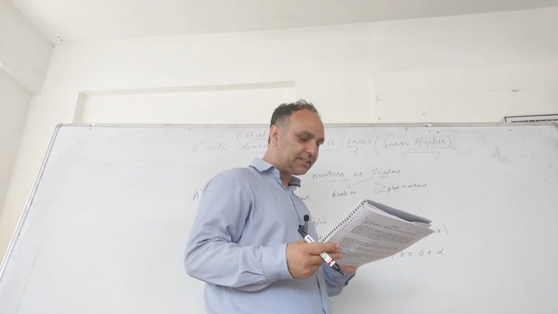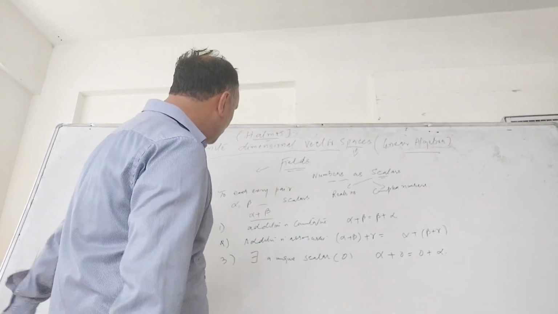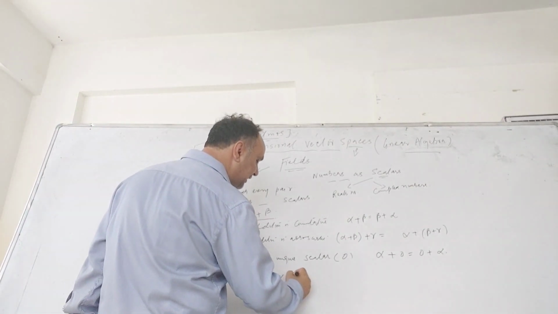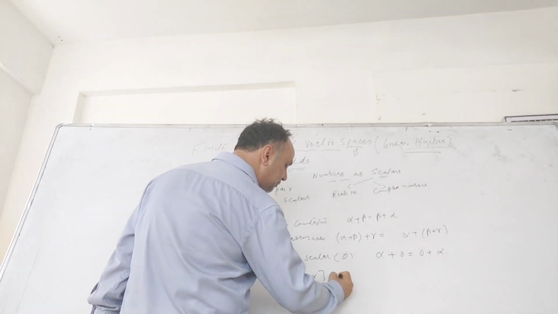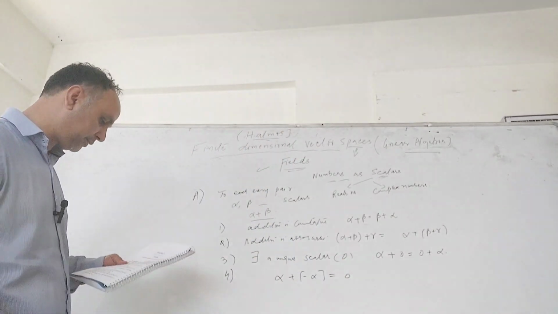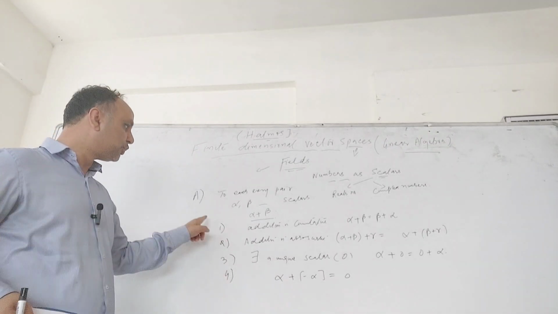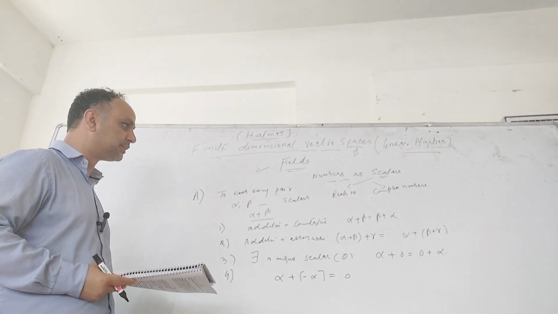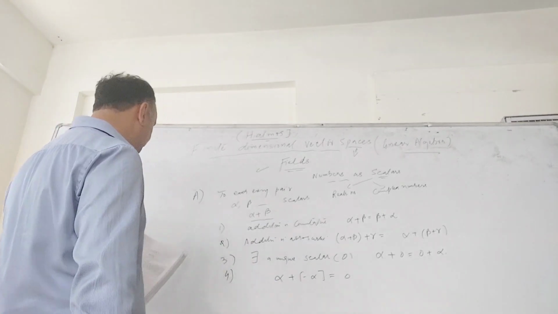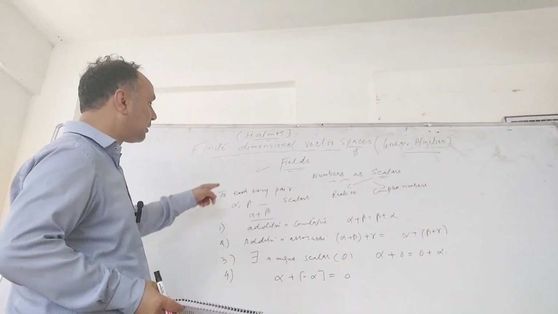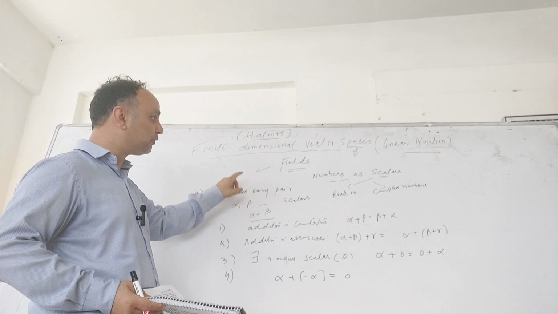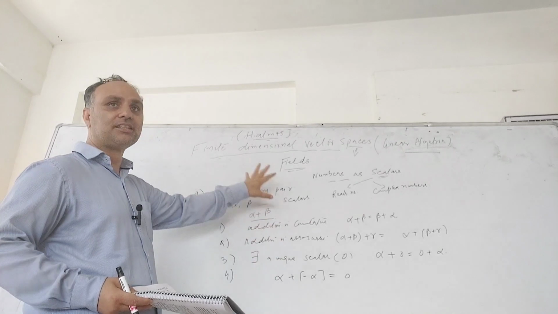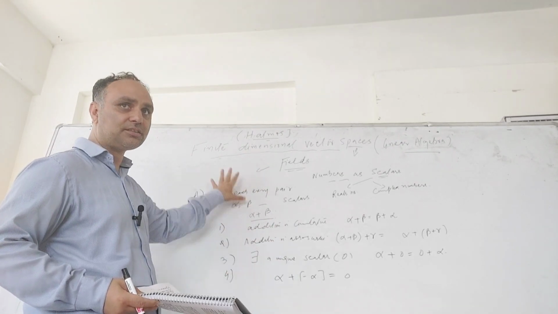We should also be able to find another scalar such that alpha plus it equals 0. So we have this sort of properties. This is, in some sense, the additivity properties of these numbers or scalars spanning a certain field.